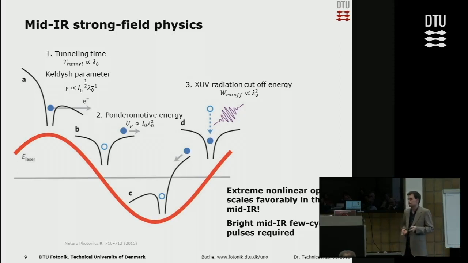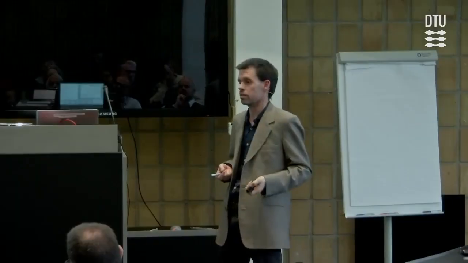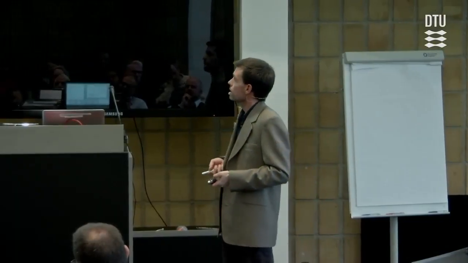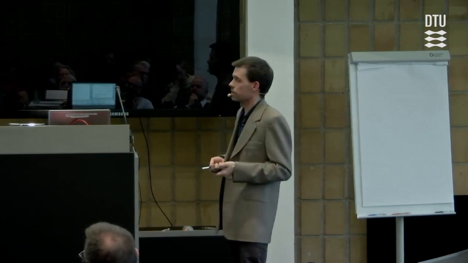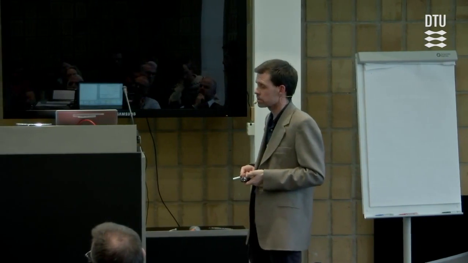So all this shows that it's much more favorable to use mid-infrared laser pulses compared to near-infrared laser pulses. And this calls for techniques that can give us these bright mid-infrared few-cycle pulses.